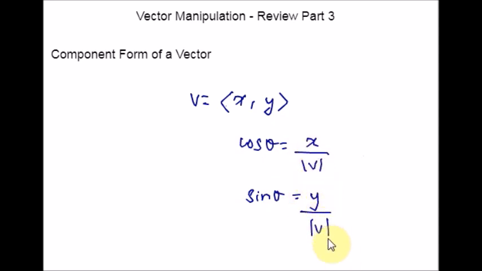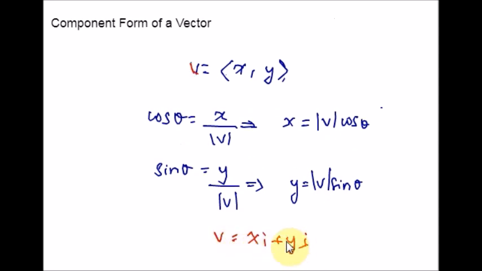So x should be written as cos theta times v, and y should be written as sin theta times v. Plug in x and y here. So this is the component form, and the magnitude can be expressed as the square root of x squared plus y squared. So this is the basis for the component form of a vector.